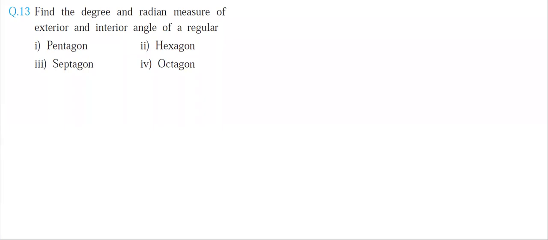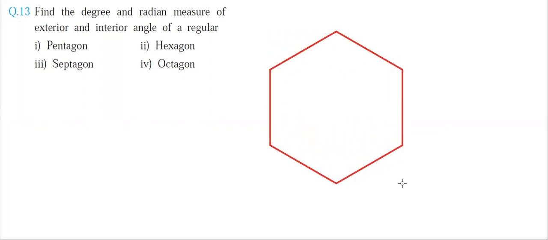Okay, find the degree and radian measure of exterior and interior angles of a regular octagon. So I need to draw the octagon. I am going to assume that this is my octagon. It is not an octagon, but please assume that this is an octagon, because I don't have a shape here to draw the exact octagon.